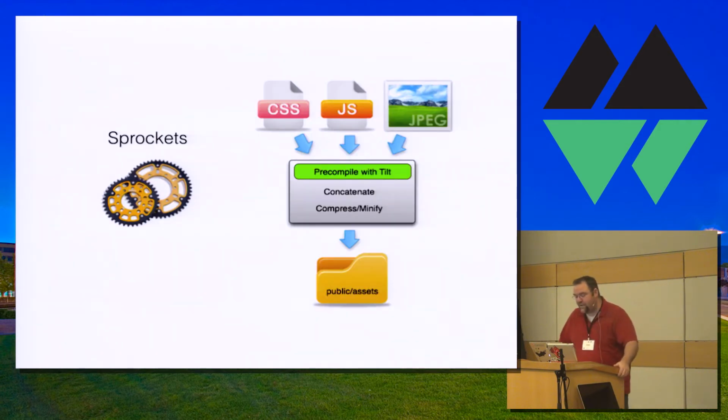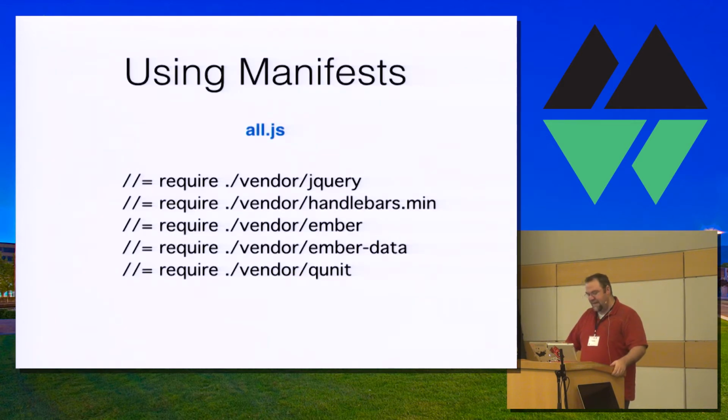So a quick note about sprockets. Middleman uses sprockets, and sprockets will take all of your different asset files and compile them down, concatenate them, and compress them. And it's something similar to what Broccoli or Grunt can do. It uses manifest.